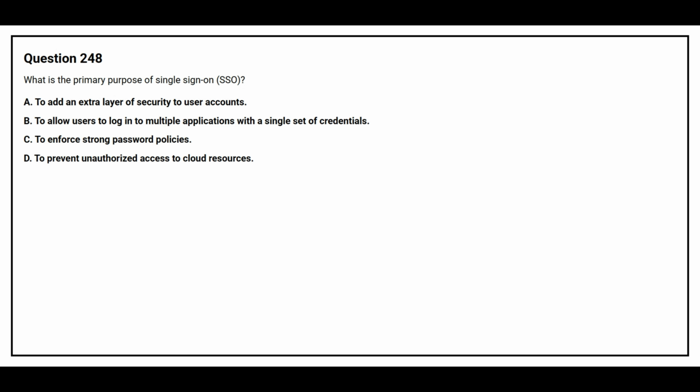Option C, to enforce strong password policies. Option D, to prevent unauthorized access to cloud resources. The correct answer is option B, to allow users to log in to multiple applications with a single set of credentials.